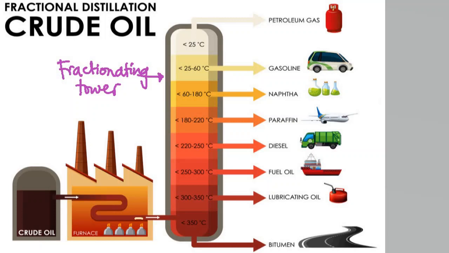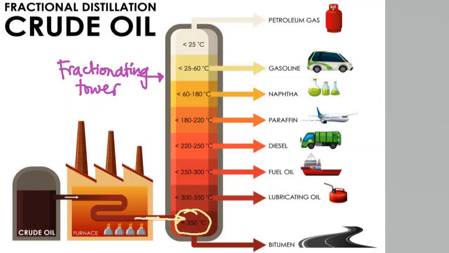So crude oil comes in from the bottom, and over here the temperature rises up to 350 degrees Celsius. Don't worry, as a combined science student, you don't have to memorize these temperatures unless your teacher is forcing you. Maybe some teachers teach IGCSE chemistry and then keep teaching the same curriculum for combined sciences, which I hope should not be the case with you.